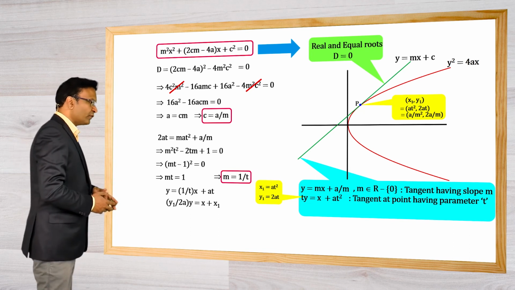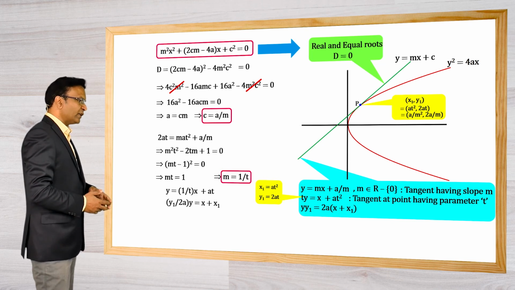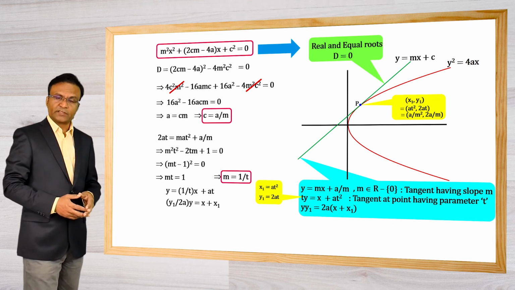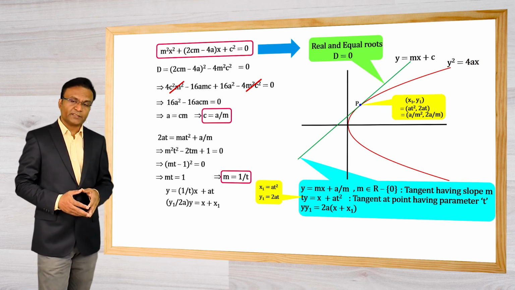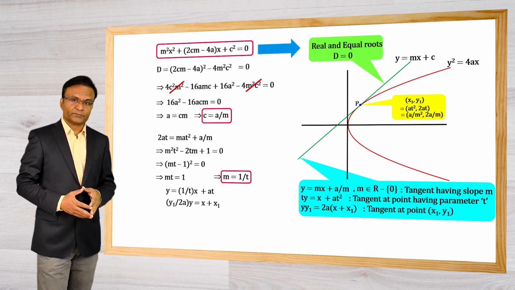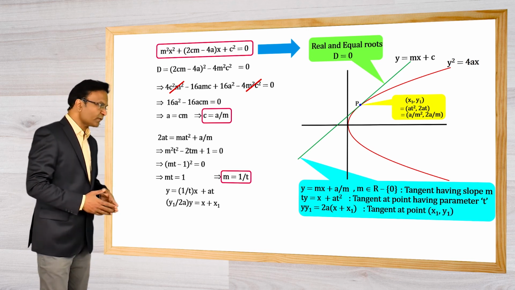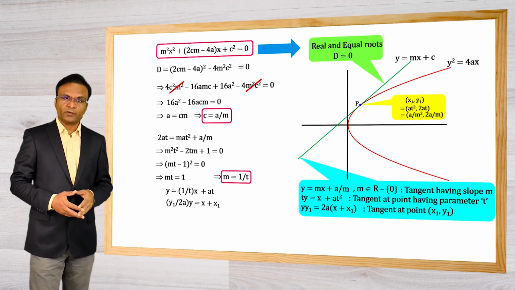So the equation of tangent is y y1 is equal to 2a multiplied by x plus x1. This is the equation of tangent to the parabola y square is equal to 4ax at any point x1 comma y1 on it. Here the slope of tangent is 2a upon y1.